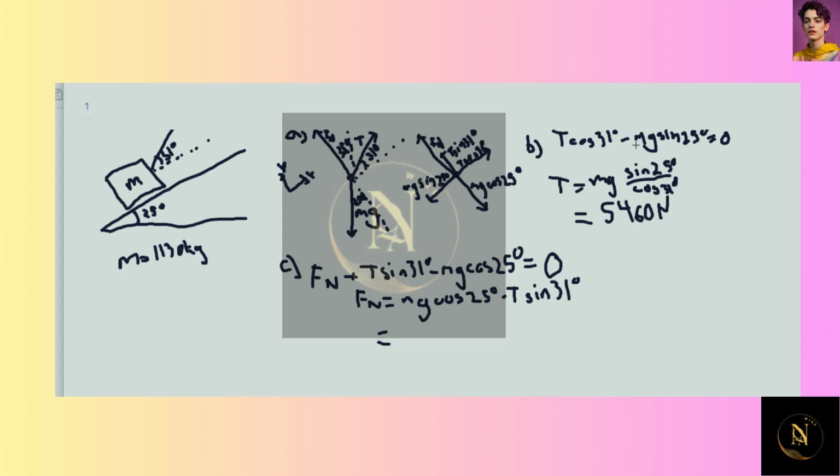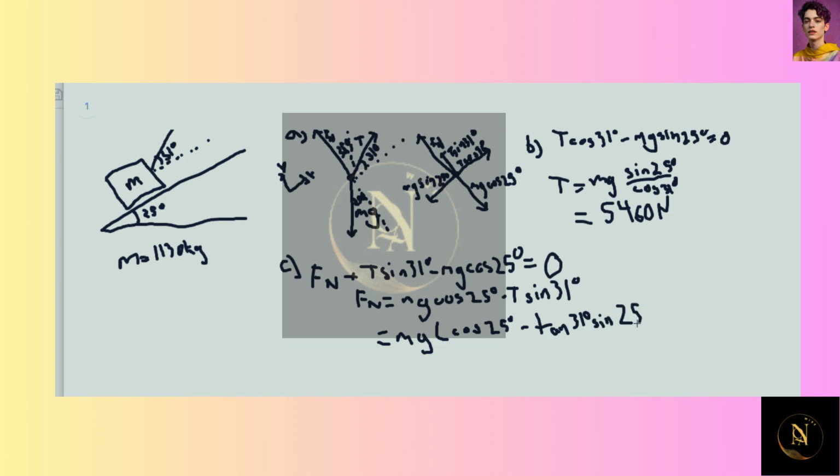So there's an mg that would be in both of these terms once we substitute in T. So when I pull that out, we would get left inside the parentheses cosine of 25 degrees minus the sine of 31 degrees divided by cosine of 31 degrees, so that is going to turn into a tangent: tangent of 31 degrees times the sine of 25 degrees.